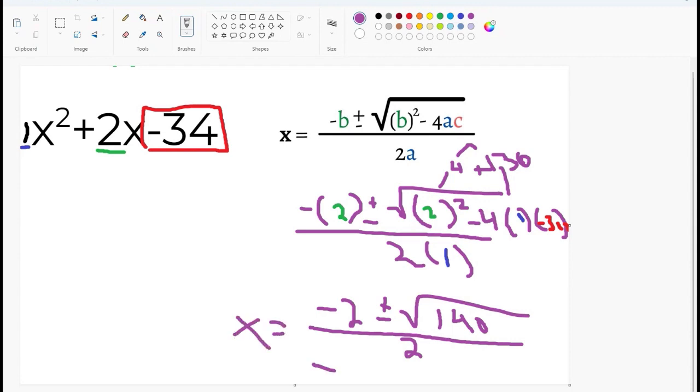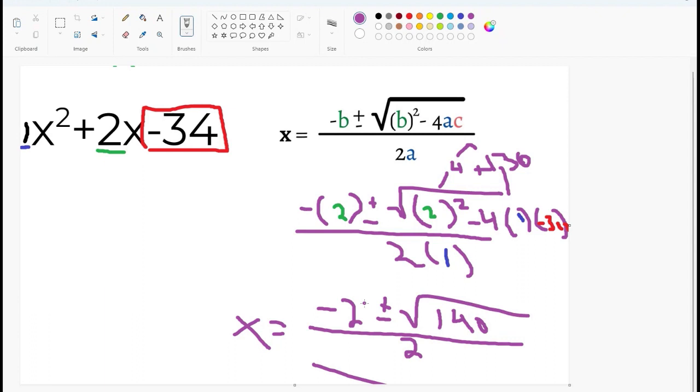Okay, so that's essentially it. x is equal to that. Before I go on, I would like to point out that I know this looks like a really yucky number: negative 2 plus or minus the square root of 140, divided by 2. It looks big and complicated. Normally you'd expect really clean numbers, like whole numbers.